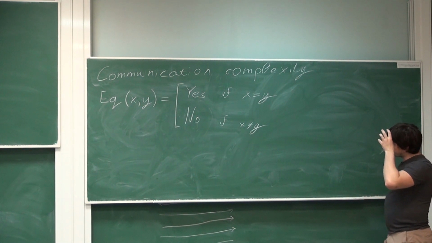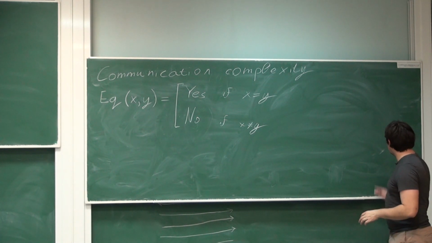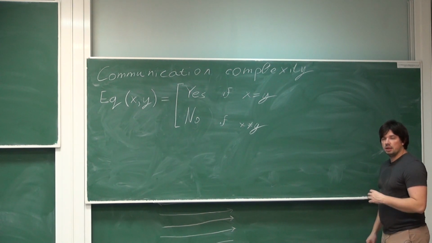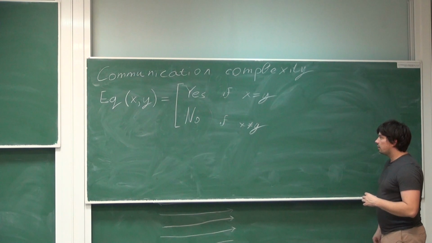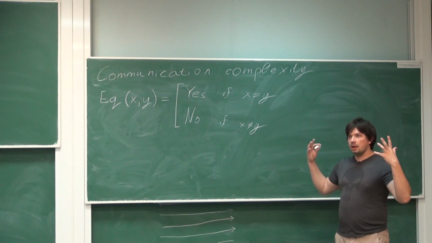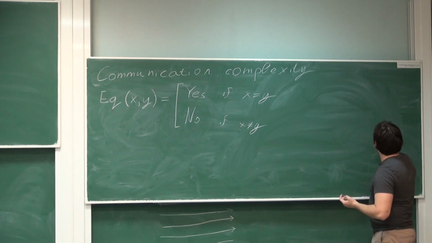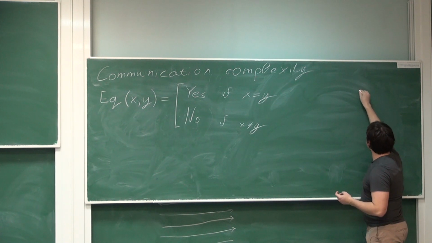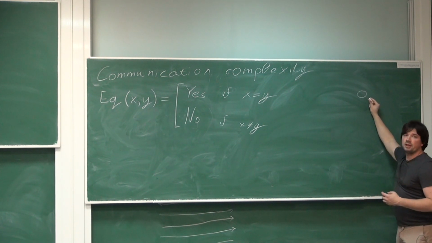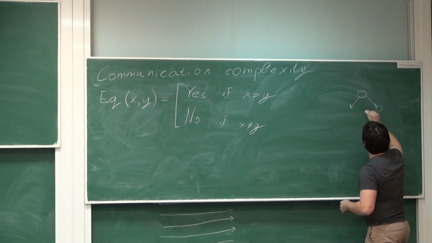To prove that equality requires, in fact, n bits of communication, we need to introduce the protocols, like how we represent the communication protocol. We represent them with a tree. It's a binary tree.